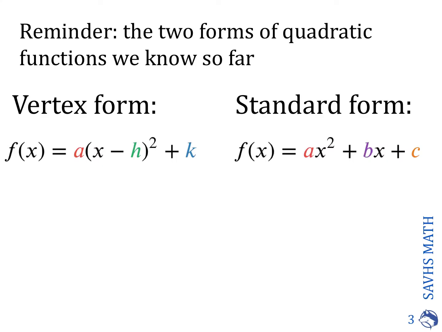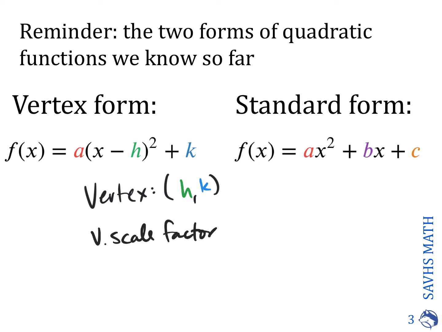Let's do it. So this is sort of the same stuff as we started with yesterday, and so I just want to review that we can get some information based off of the graph and the equation. So here goes. We know that the vertex is always at the point (h, k) when we're in vertex form, (h, k). And we know that the vertical scale factor is a.